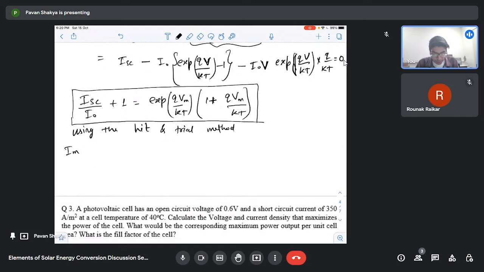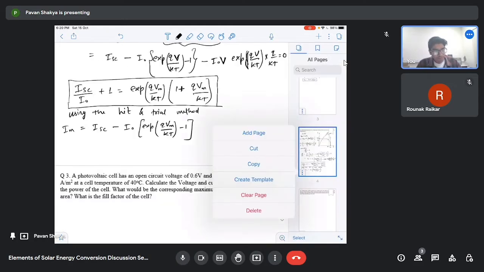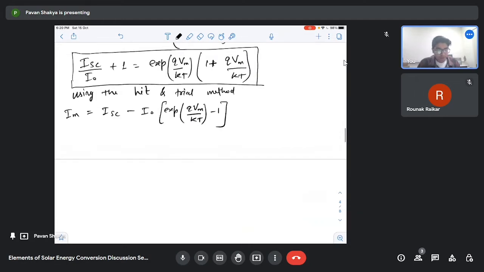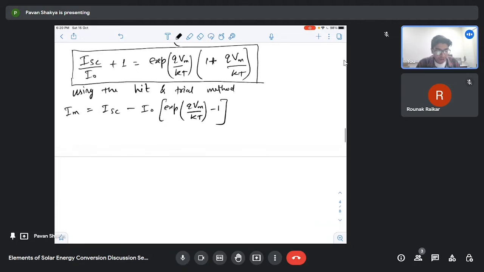So I write ISC minus I naught exponential of QVm divided by KT minus 1. Now in this formula we will put the value of this Vm.